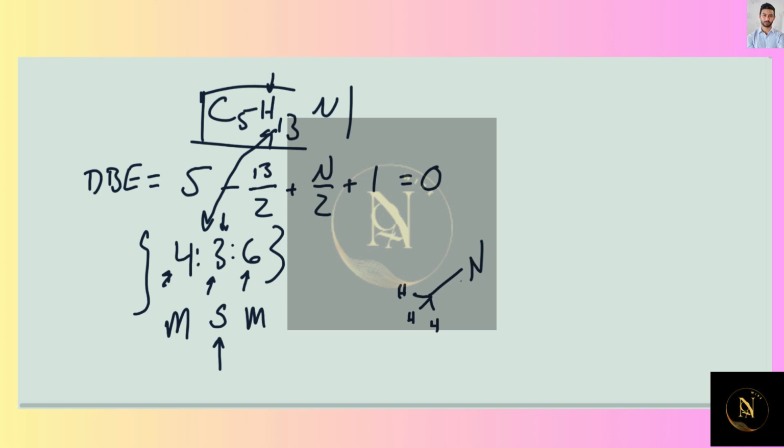So the next thing I'm going to look at is the shapes of the peaks, which I can roughly make out without zooming in on them. I'm fairly certain that the 4 on the left looks like a quartet, and the peak that integrates to 6 looks like a triplet.